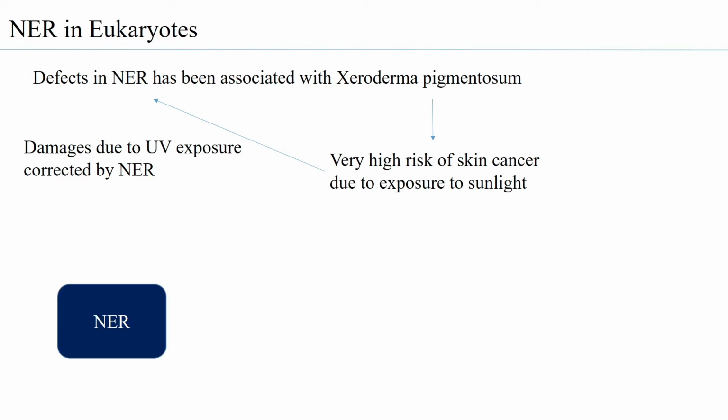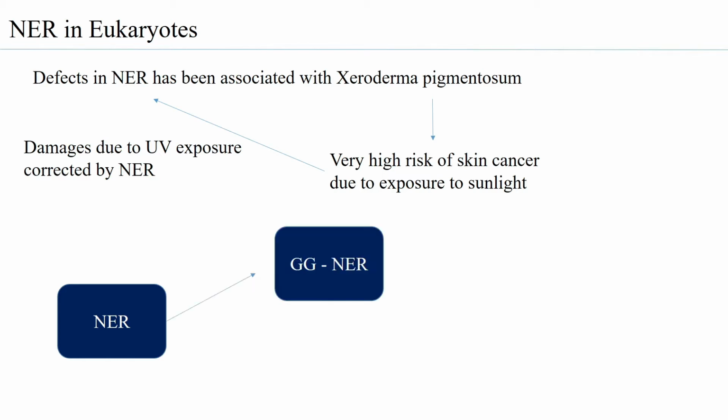Now, we all know that NER can basically exist in two subforms. One is called the global genome NER. This pertains to the fact that nucleotide excision repair can take place in any part of the genome, whether there are transcriptionally active genes or genes that are not transcribed. So this is covering each and every part of the genome.